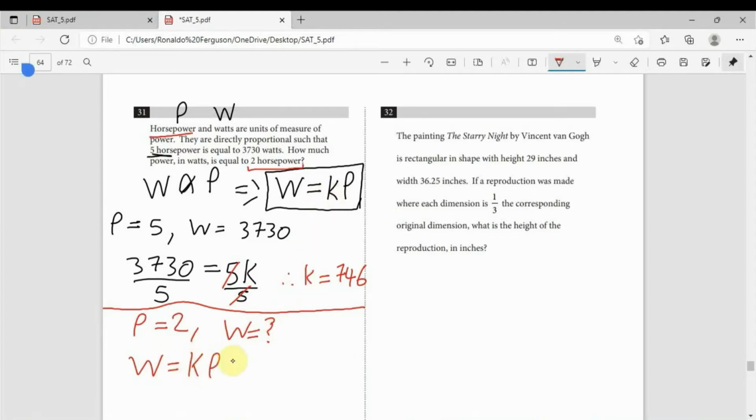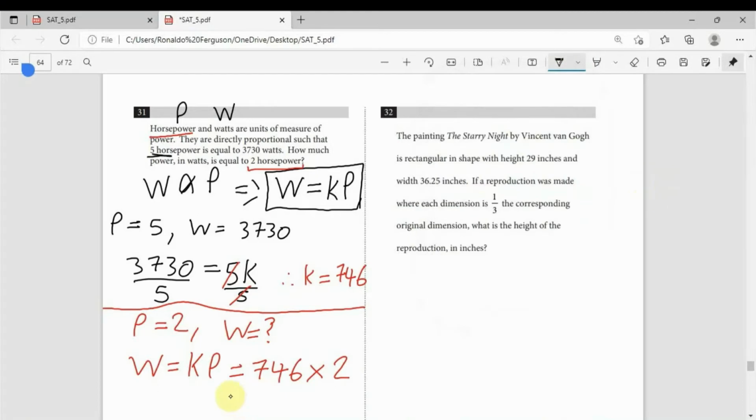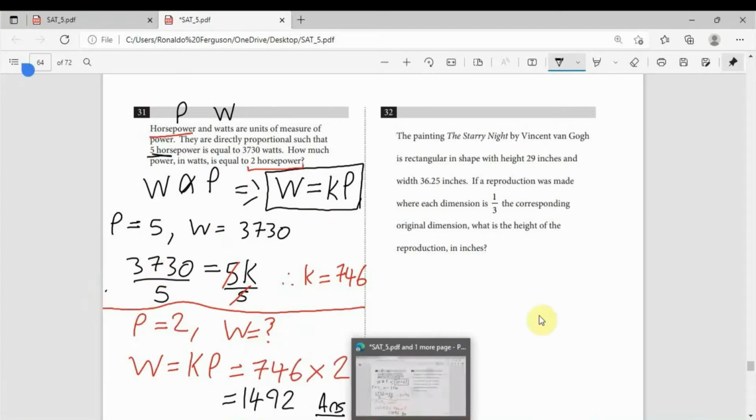We found K is 746, and P is 2. So 746 times 2 is 1492, and that is the power.